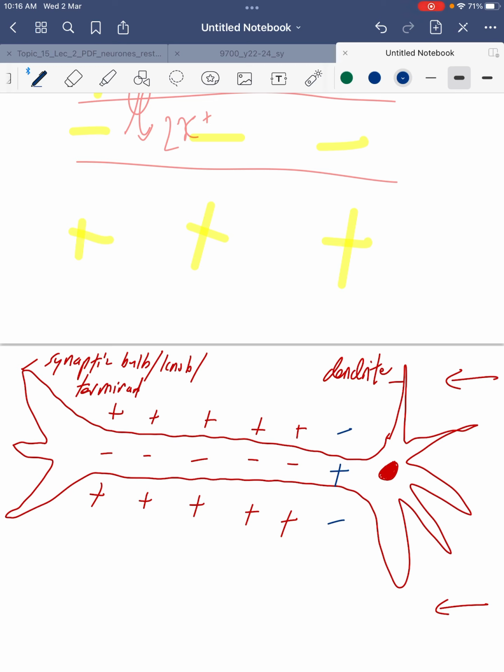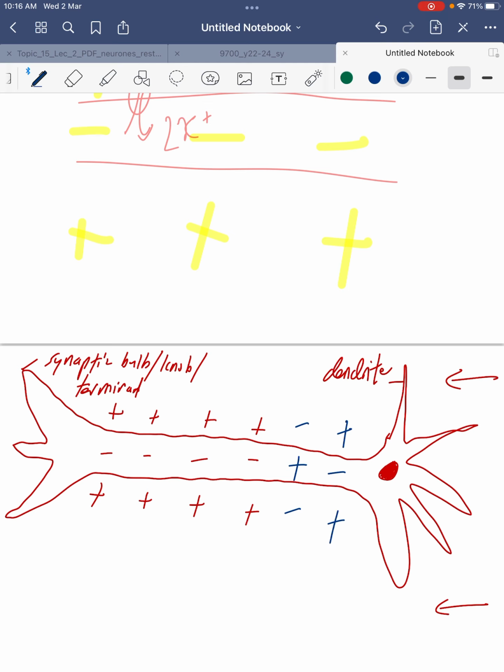And then it will move to the next one. It will move to the next one. This is now positive, negative, negative, and then this will go back to negative. It will slowly try to go back to the previous state.